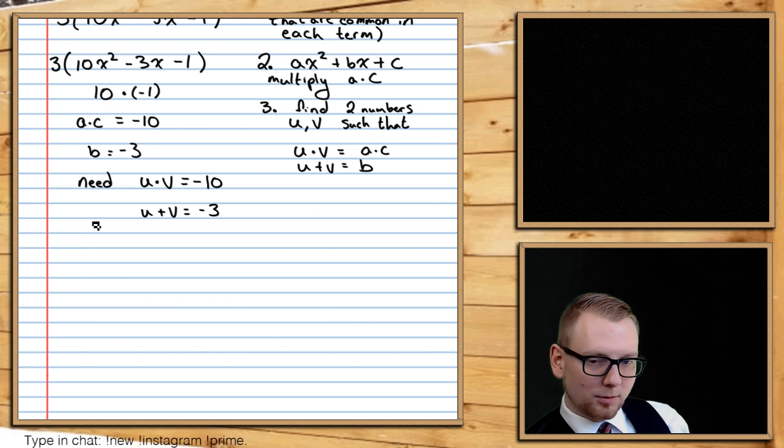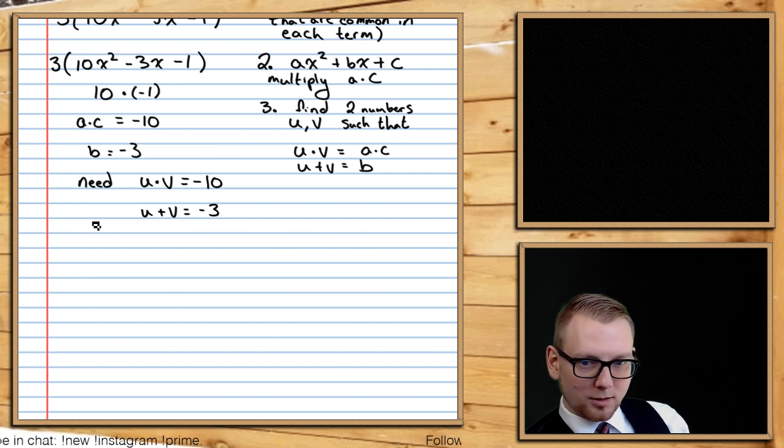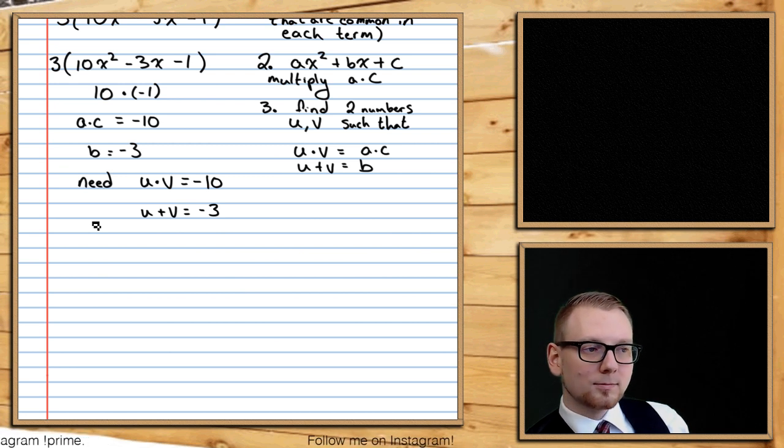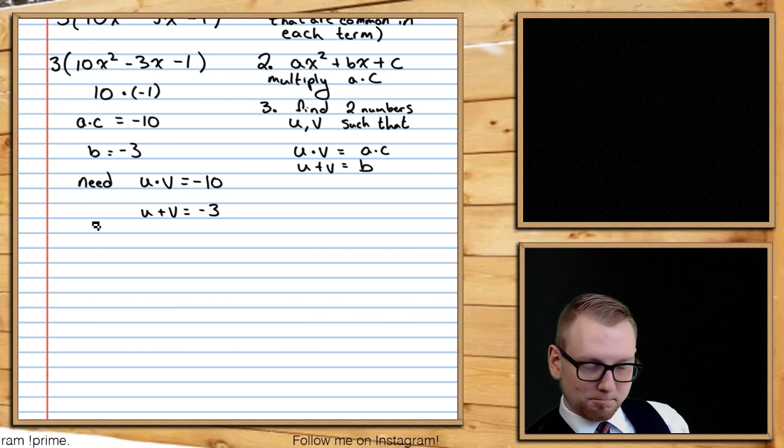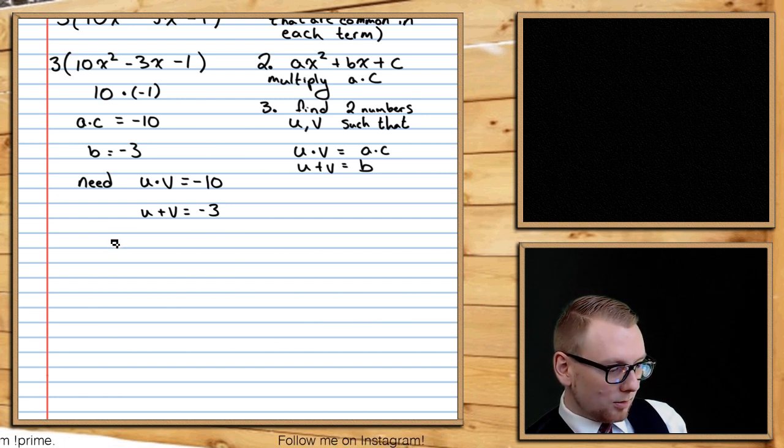First off, what are the two numbers? I know you know them. Yeah, -5 and 2. So I'm going to write just -5 and 2.